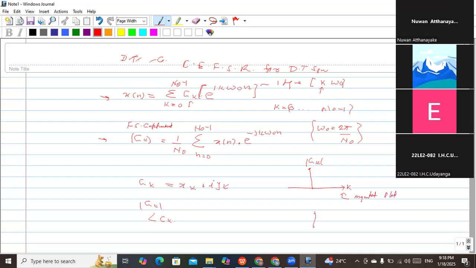And if you plot the phase of c k with respect to k, this is referred to as the phase plot. Okay, so last time we did one example, and saw how to represent the signal as a Fourier series representation, and then how to plot these complex exponential terms.